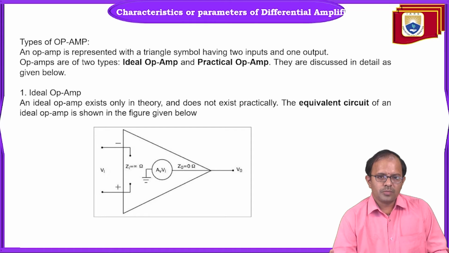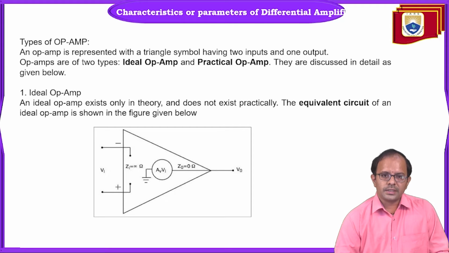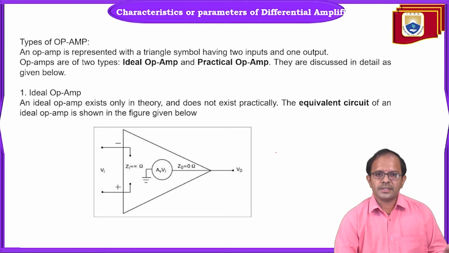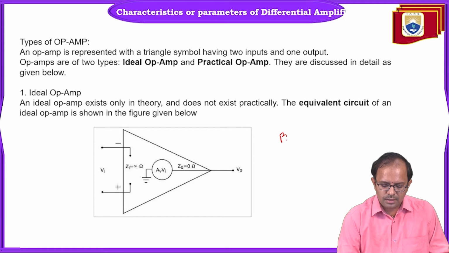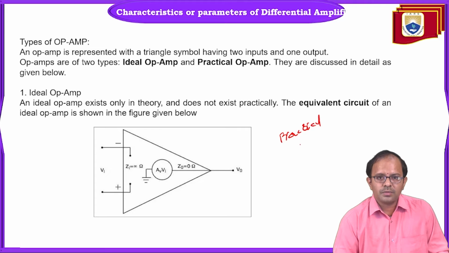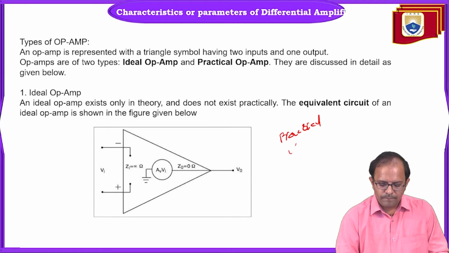As you might have come across in your early academic stage, we know the diode. So what are the various types of diodes? Any electronic device can be categorized into two types. One is practical, and the second one is ideal.